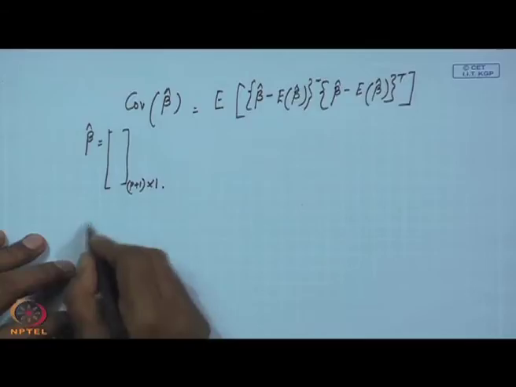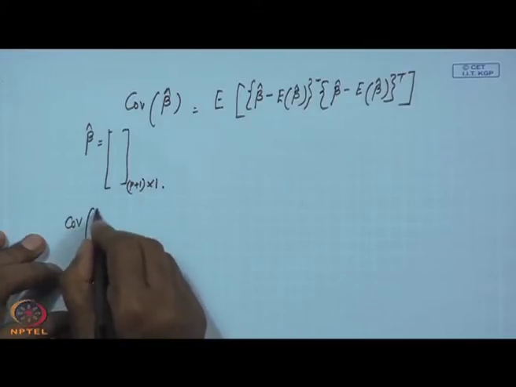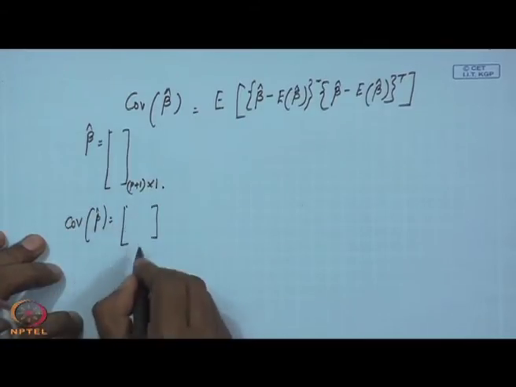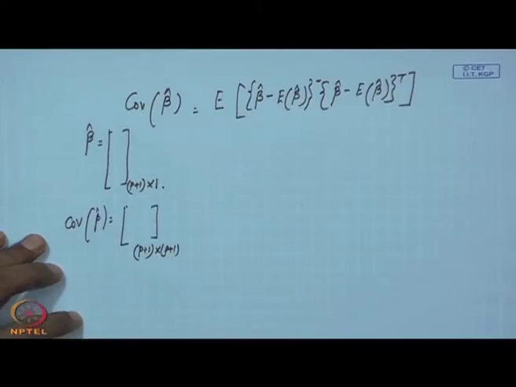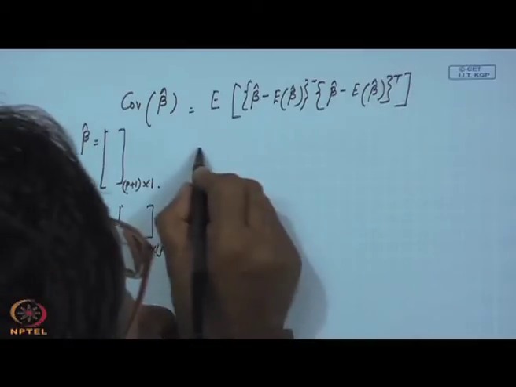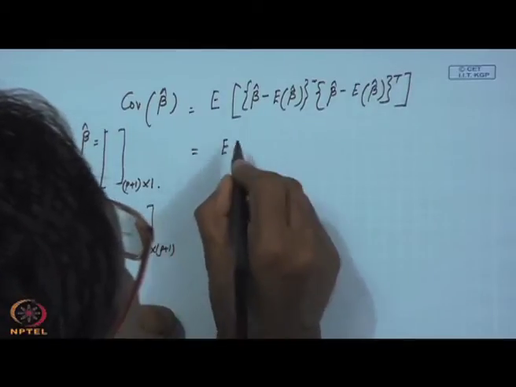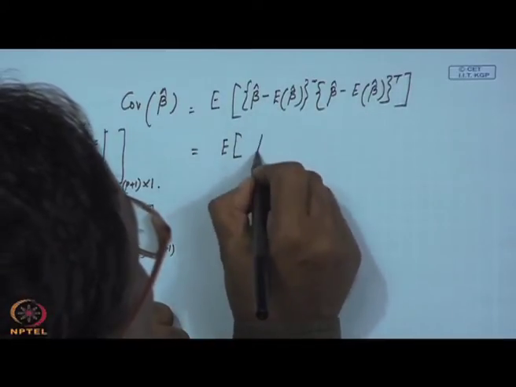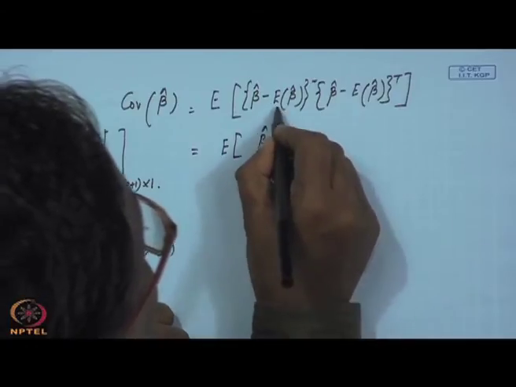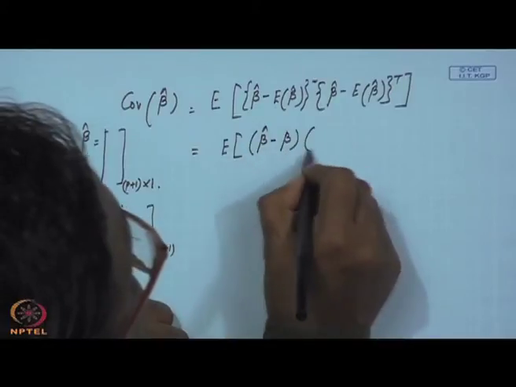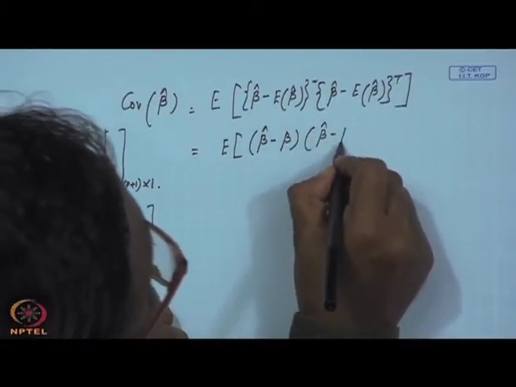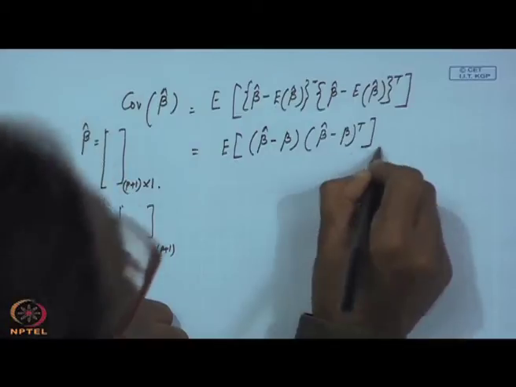So, our covariance matrix of beta cap will be a matrix of p plus 1 cross p plus 1. Now we can write this as expected value of (beta cap minus beta) into (beta cap minus beta) transpose, since expected value of beta cap is beta.